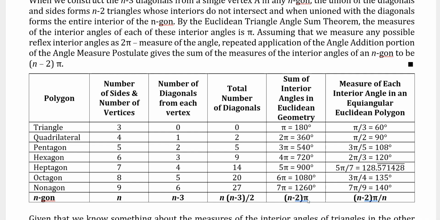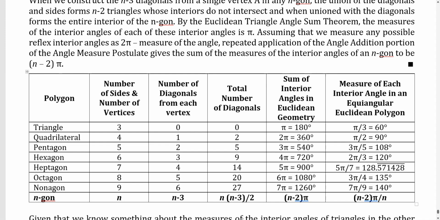So each one of those adds up to pi, so the total angles add up to n minus 2 times pi radians, or n minus 2 times 180 degrees. Take that value and divide by n, and that will be the size of the angle in an equiangular n-gon.